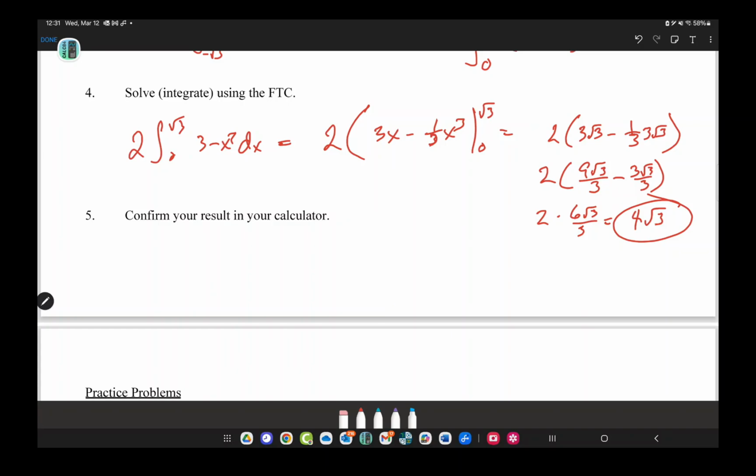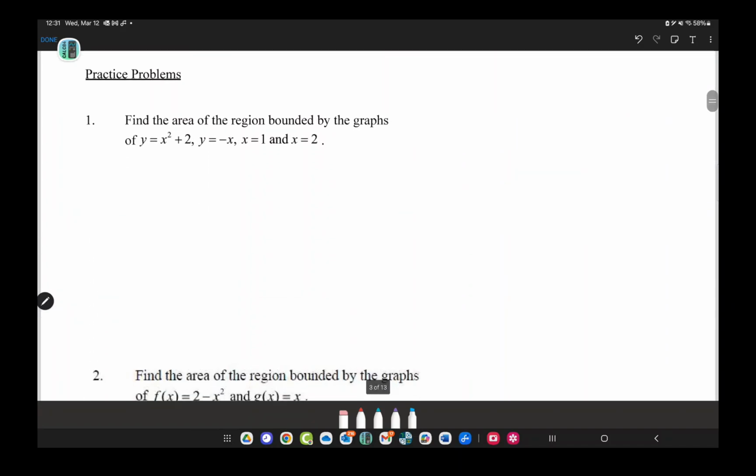All right, so we got some practice problems on here. It does help to draw this out. We have x squared plus 2, y equals negative x, and x equals 1, x equals 2.